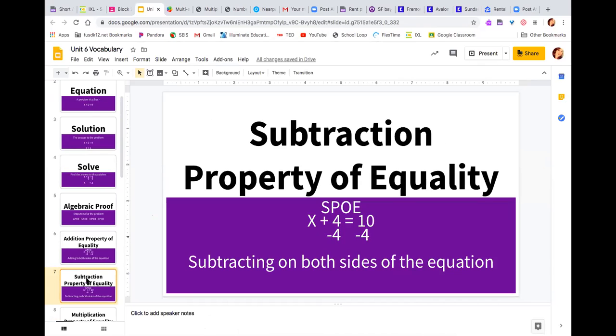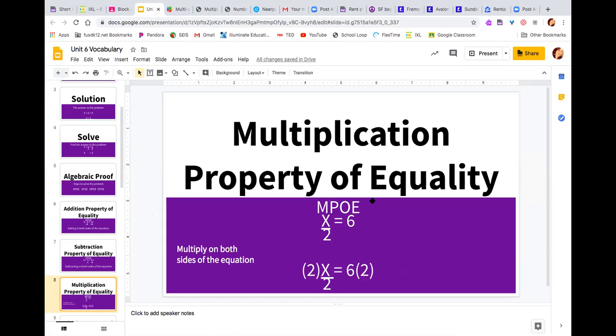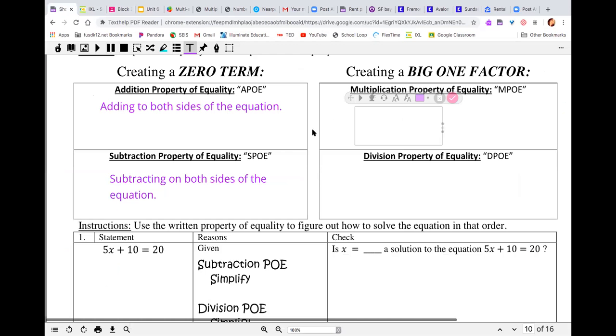Adding, I add to both sides of the equation. Subtraction property of equality, I subtract on both sides of the equation. Multiplication property of equality, what do I do? Multiply on both sides of the equation.